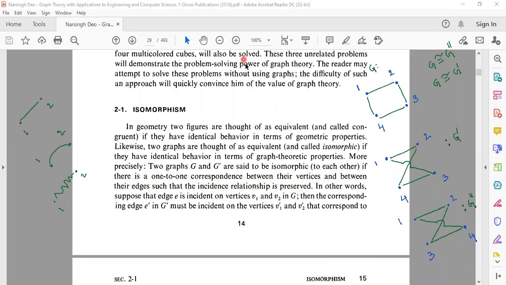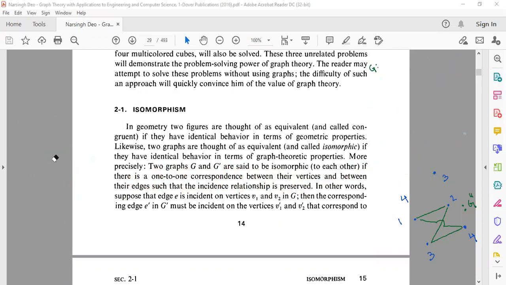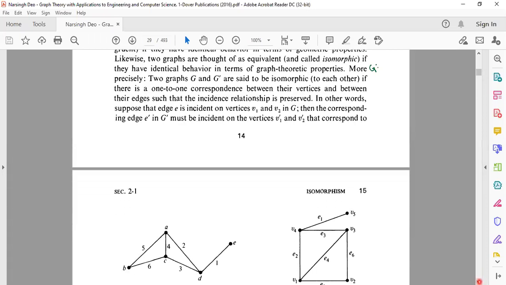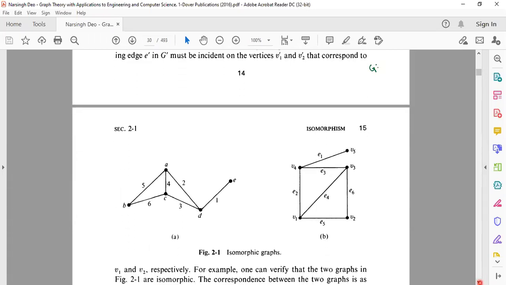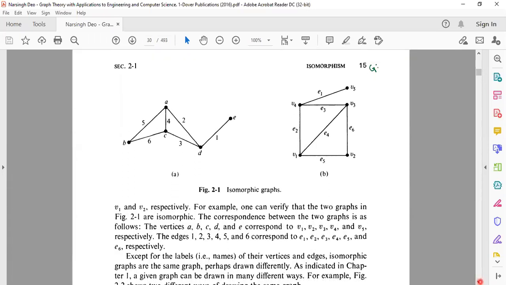So we have to consider, at the end of the day, whatever distortion we give to the graphs or whatever movements we make, the incidence relationship must be preserved. After giving a distortion, the incidence relationship must be automatically preserved, or we have to rename the vertices to preserve it. That we have to decide.